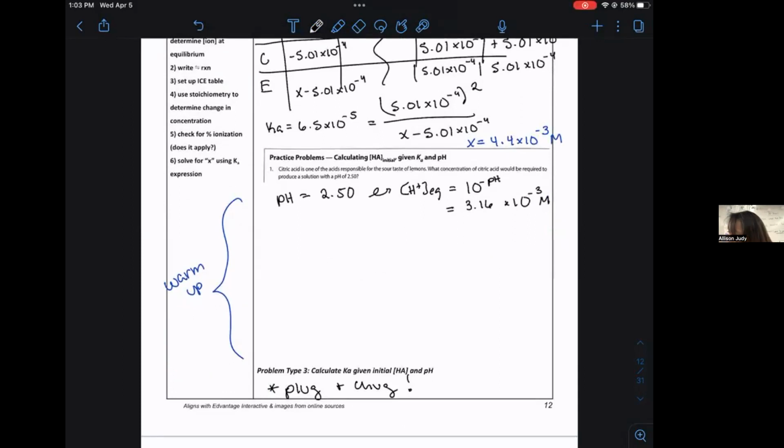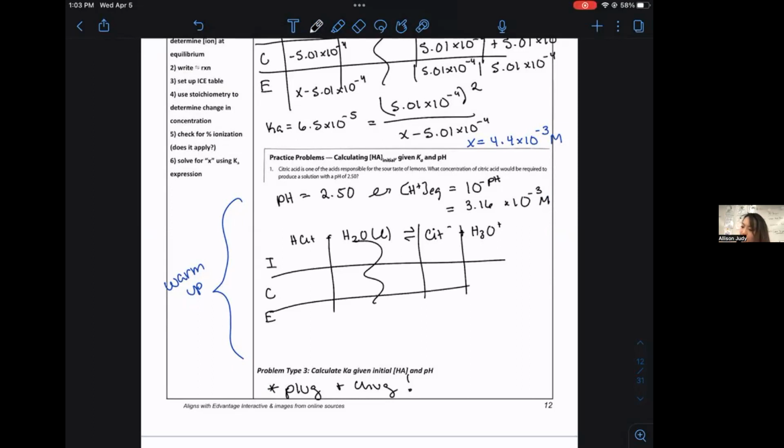I'm going to make it short and do HCit plus water, because we're just isolating this to a hydrolysis reaction with water, goes to deprotonated Cit with a minus charge and H3O plus. You would have set up your ice table, and of course water doesn't matter here. And you would have figured out from the information given above.